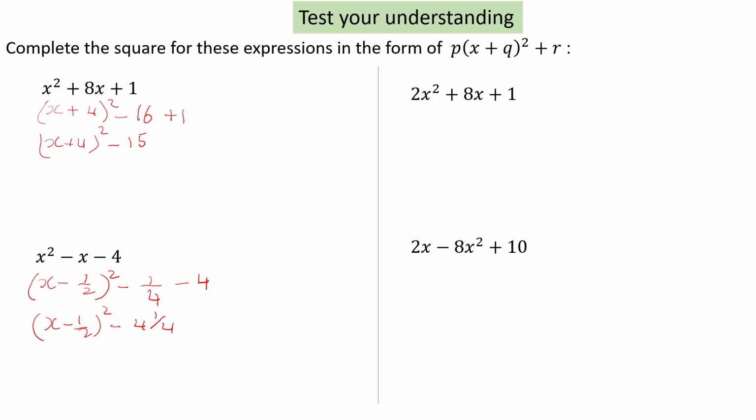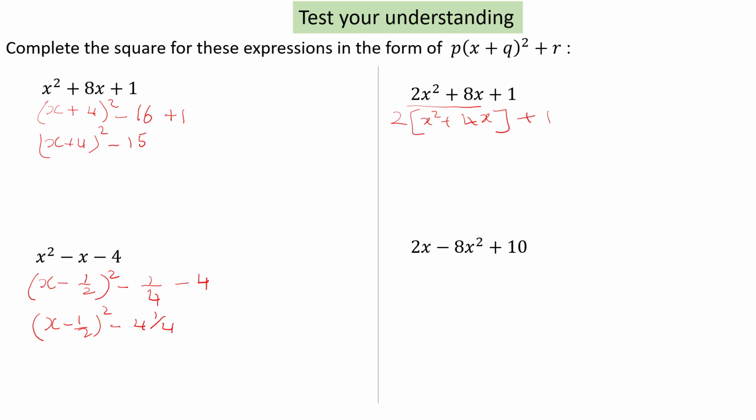So next one, 2x squared plus 8x plus 1. Before I do it, I'm going to factorize the first two terms. So 2 out of the bracket. So x squared plus 4x, plus 1.